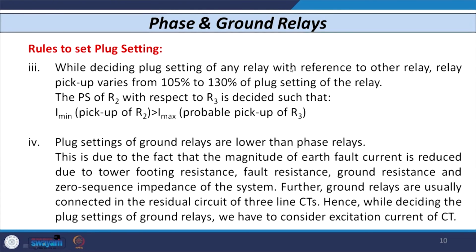You have to decide this setting such that the minimum value of pickup current of R2 is always greater than the maximum probable pickup current of relay R3, so that there is no maloperation of relay R2 for any fault that occurs in line section 3. Because if any fault occurs in this section, then R3 has to operate, R2 does not operate.